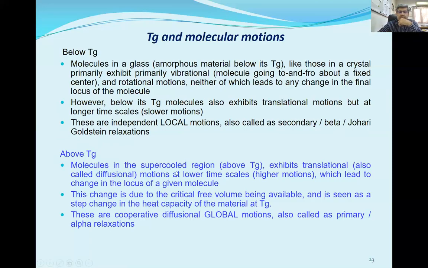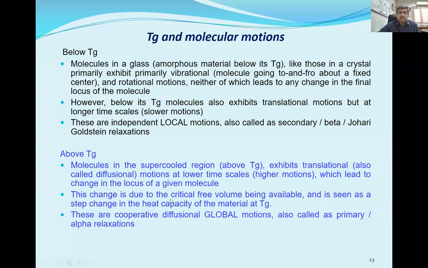So molecules in the supercooled liquid region, that is above the Tg, exhibit translational, also called diffusional motions at lower time scales, which means they are occurring at a higher speed as compared to what occurs below Tg, which leads to change in the locus of a given molecule, which means the molecule from here is going to move to another new locus. That is why we call it diffusional motion.